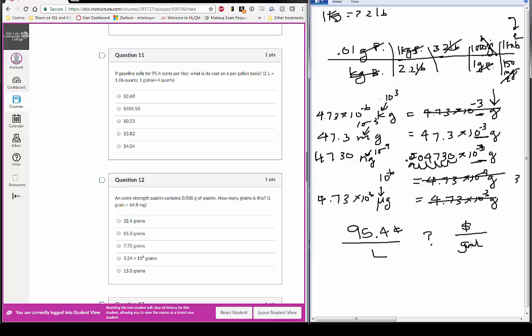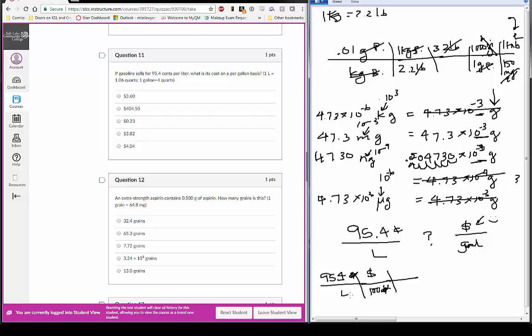And again, I think this was a homework question, and I do give you conversion between liters and quarts and gallons and quarts. So let's start here, 95.4 cents per liter and 100 cents in a dollar. Let's get that taken care of. So our cents cancels. We have dollars on top, which is what we wanted.